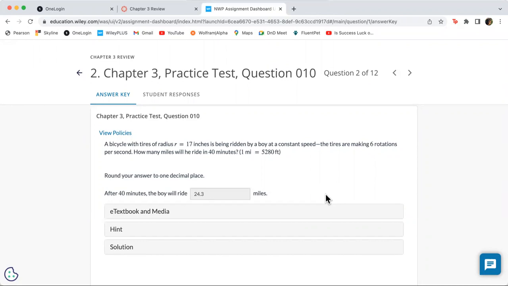The tires are making 6 rotations per second, so our angular speed is 6 rotations per second. How many miles will he ride in 40 minutes? Time equals 40 minutes. And we're reminded that 1 mile is 5,280 feet, because great system.